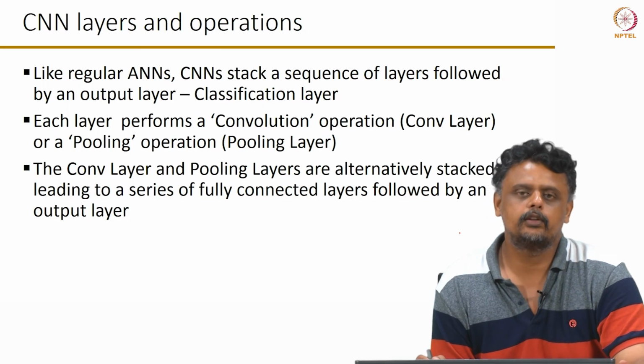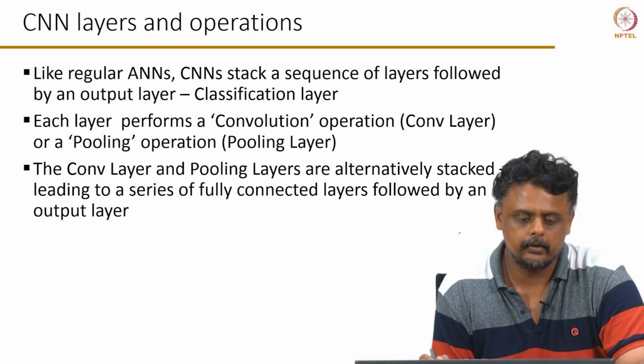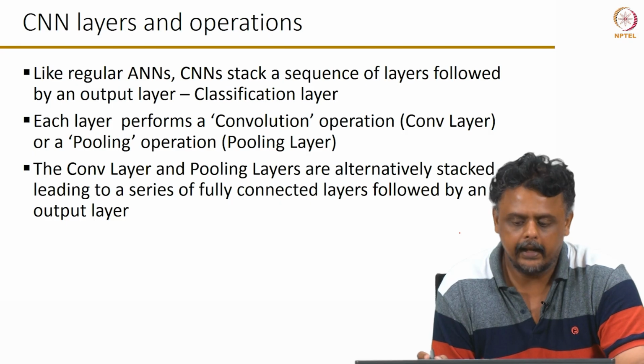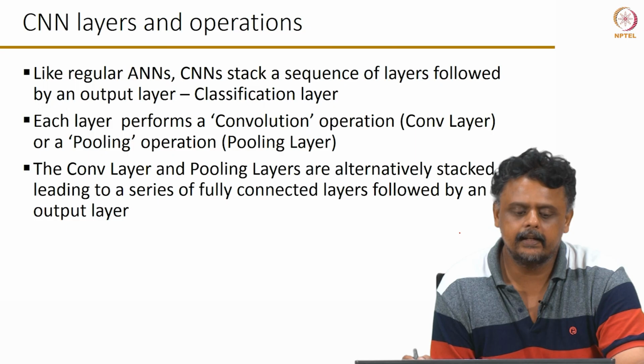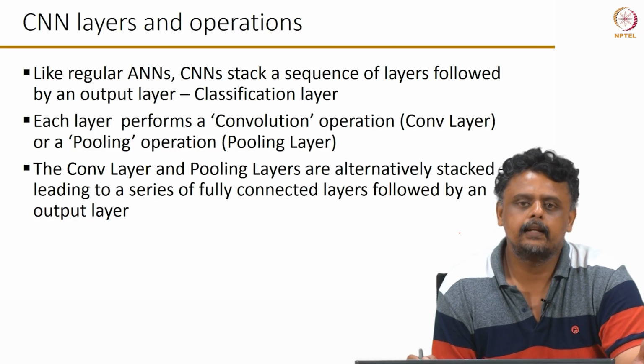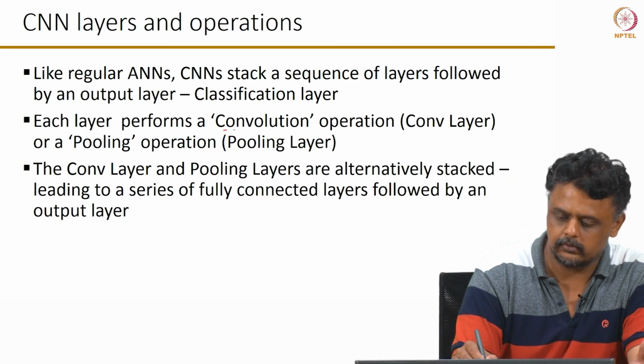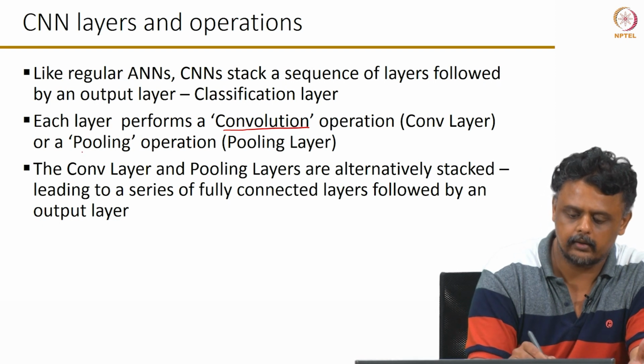So, what does a CNN consist of? CNNs, like ANNs, consist of a sequence of hidden layers, but these hidden layers are basically convolutions or pooling.